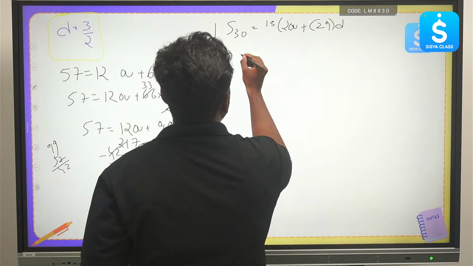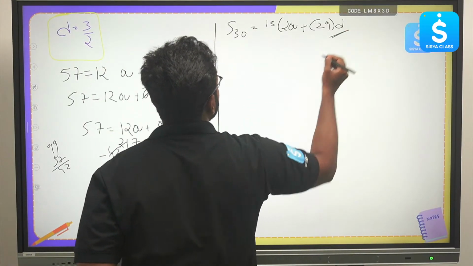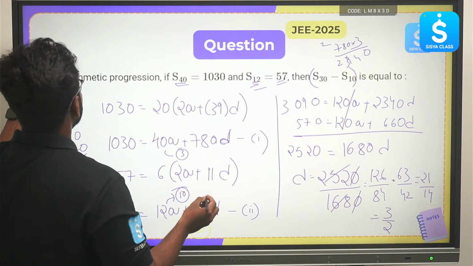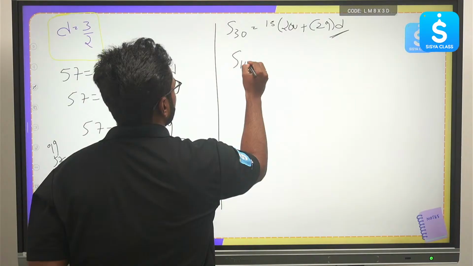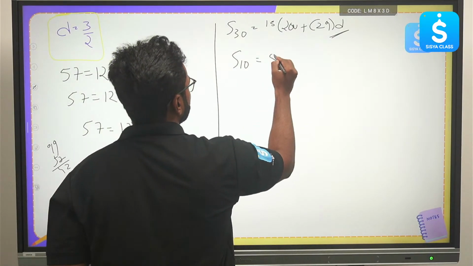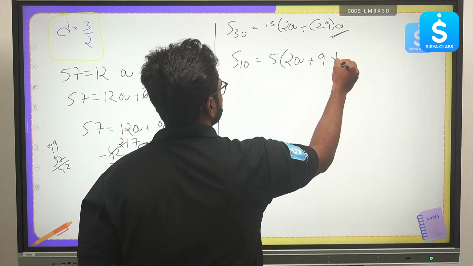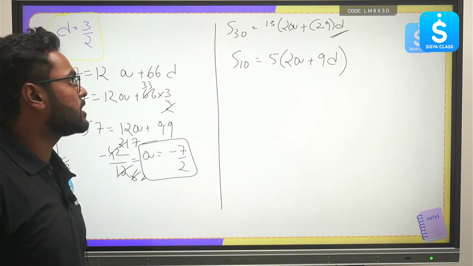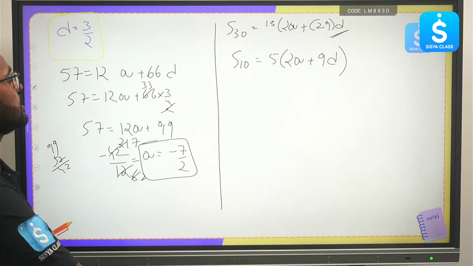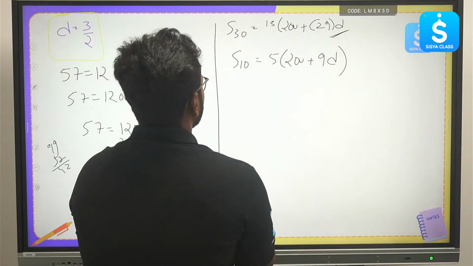So this is the value of S30, and the value of S10. S10 is equal to n by 2, 10 by 2, which would be 5, 2A plus 9D. Right? We have two equations and let us solve this.